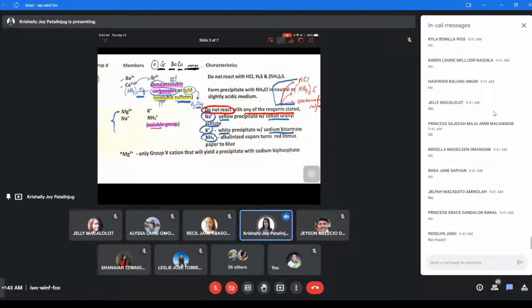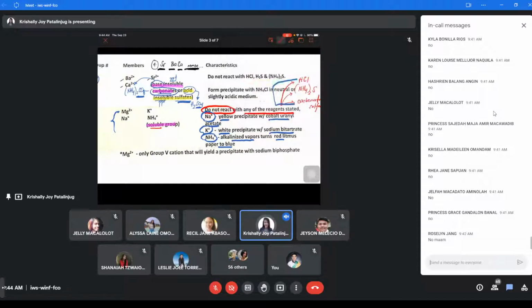Then we also have the ammonium ion. The alkaline vapor of the ammonium ion will turn red litmus paper to blue. By the way, regarding red litmus paper, maybe you have encountered this in your other labs, or maybe you will encounter it in second year.